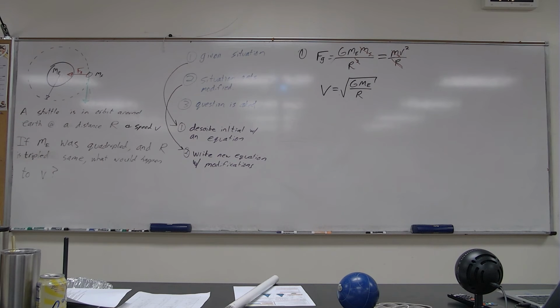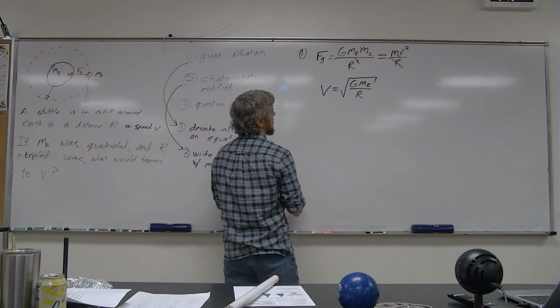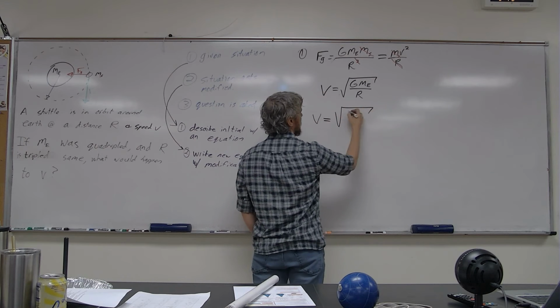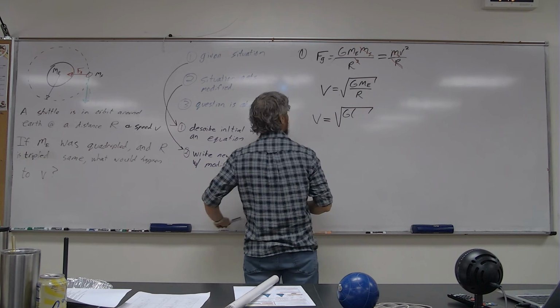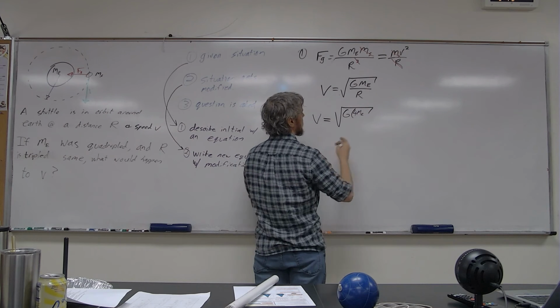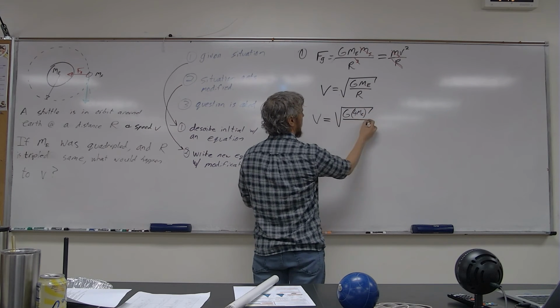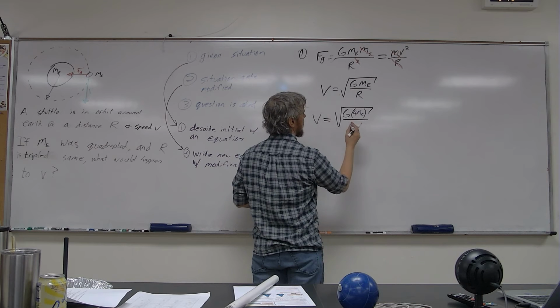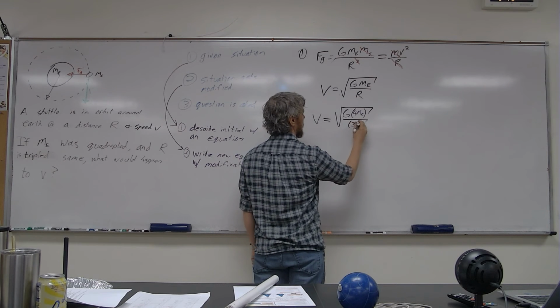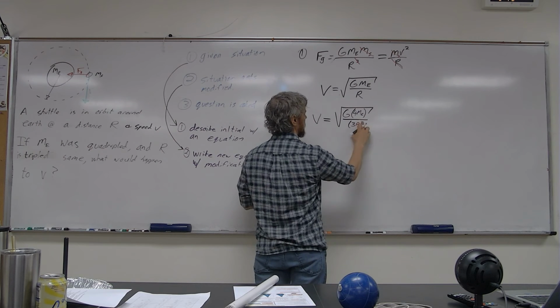If the radius becomes 3 times bigger, I replace R with 3R. That's it. So I get V equals the square root of G times not ME, but 4 ME divided by, not R, but 3R.